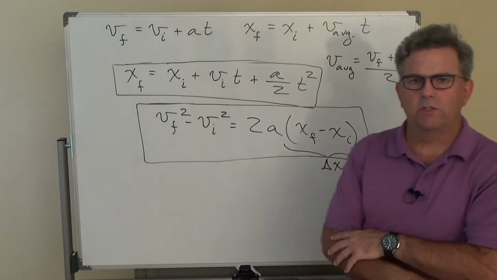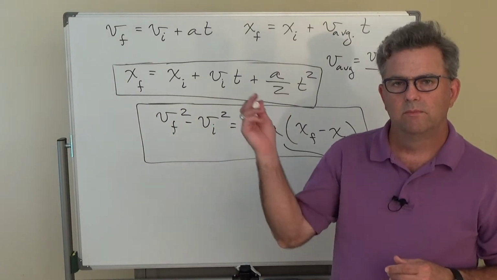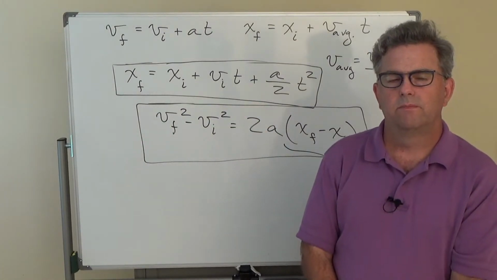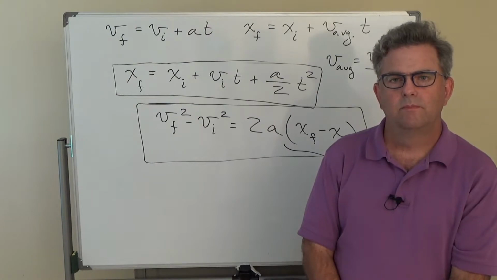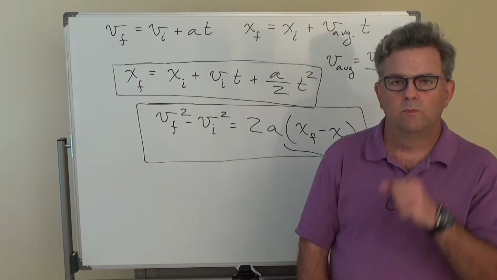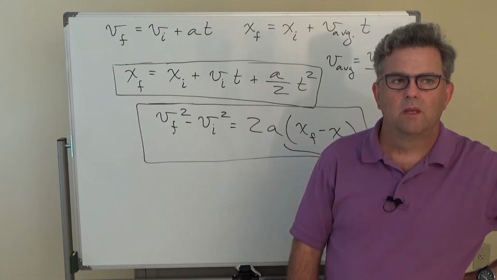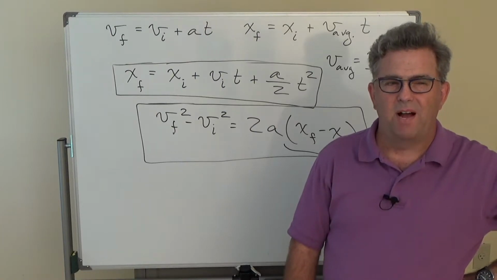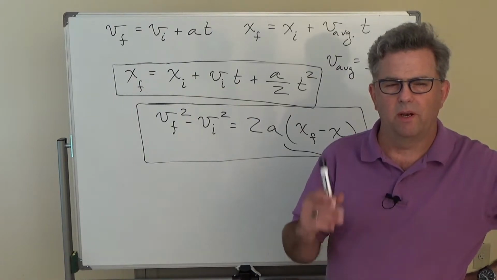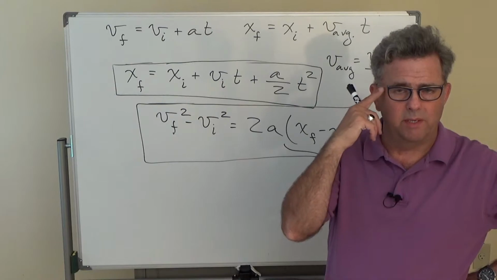Are there any questions on these equations of motion? So for the average velocity, could it also be the final displacement minus the initial displacement over time? I'm not sure what you mean by final displacement.